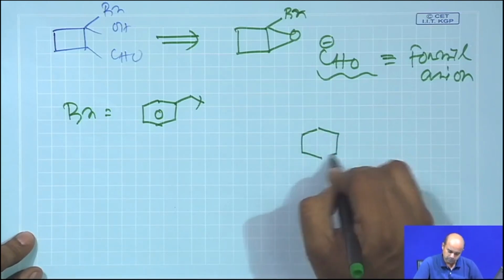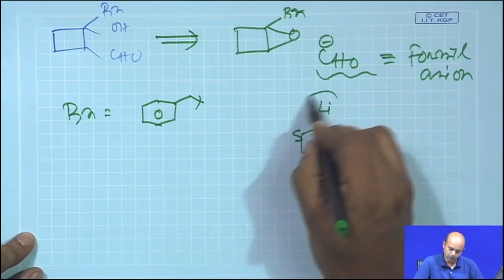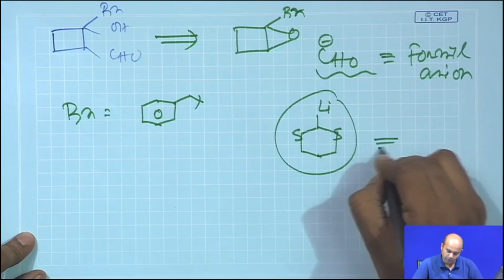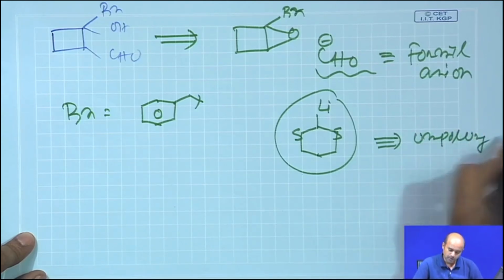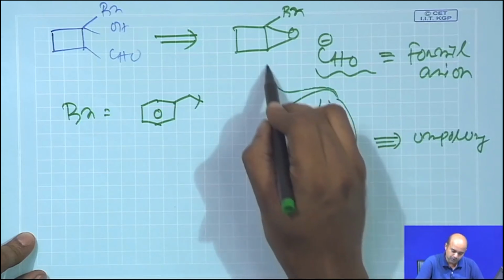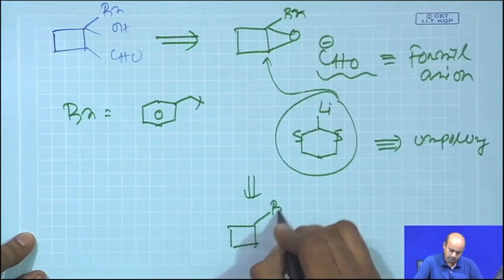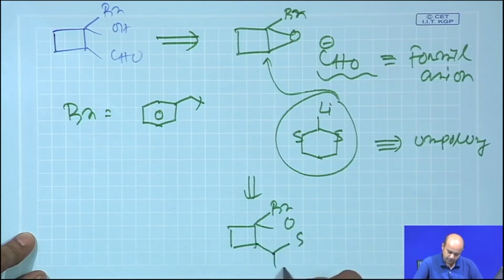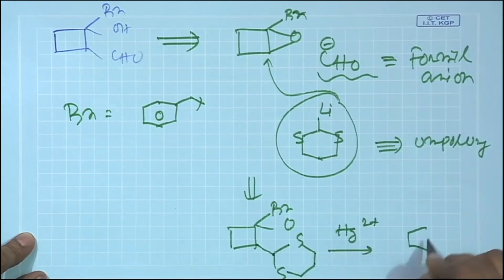If you have a 1,3-dithiane derivative with a lithium species, which all of us know, this can give you an umpolung species where the charge has been reversed. If this umpolung species attacks this epoxide, that will give you the desired product after you remove the 1,3-dithiane group by a mercury-mediated hydrolysis, which will give you the final product.